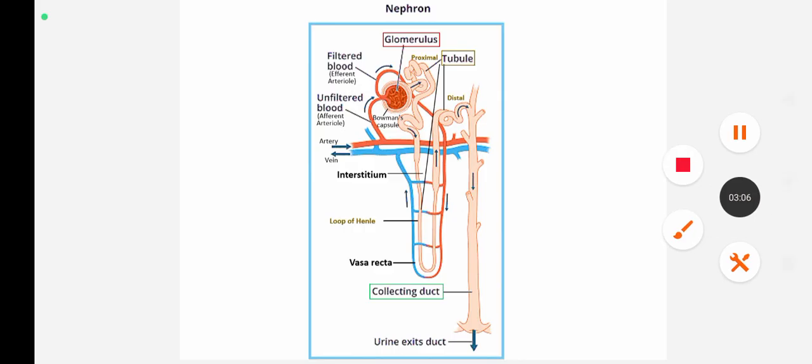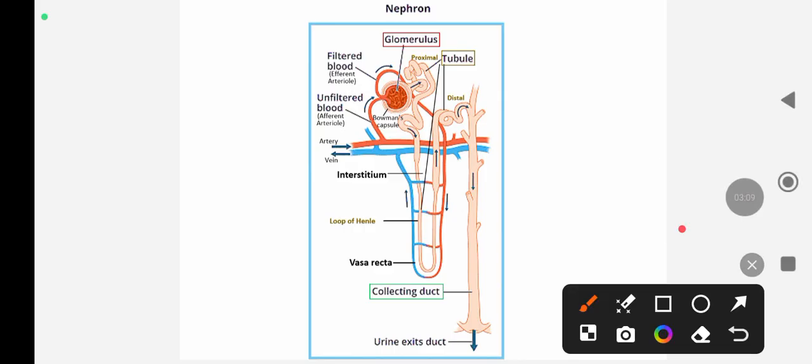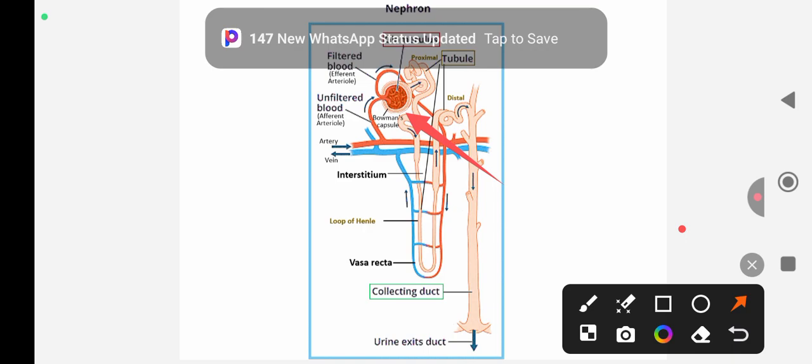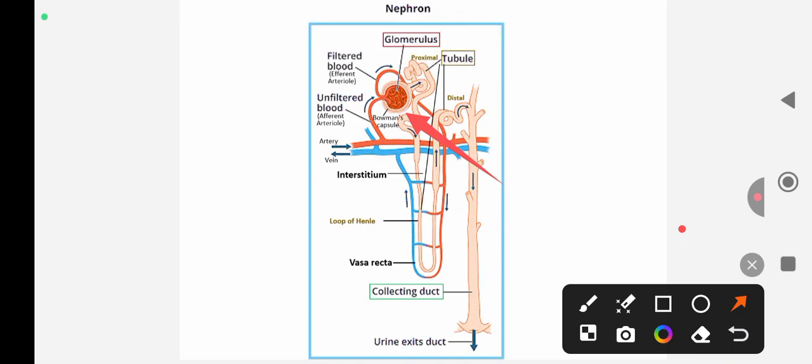You can see the glomerulus here, inside the Bowman's capsule, and here is the proximal tubule.